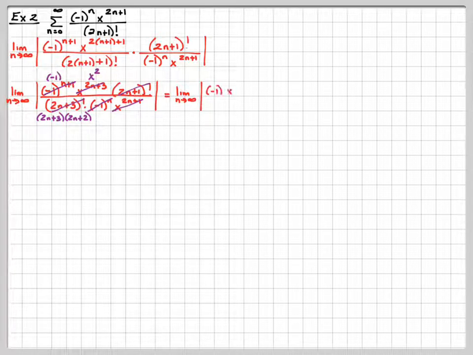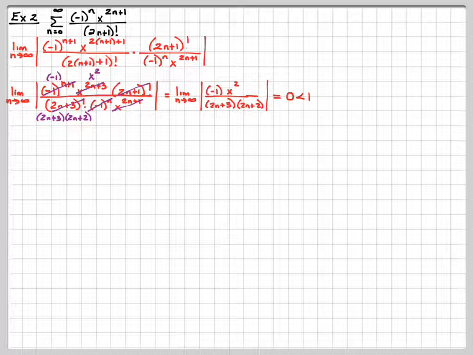Limit as n goes to infinity of negative 1 x squared over 2n plus 3 times 2n plus 2. This is always going to be 0, which is always less than 1, because the degree of the n's in the denominator is bigger than the degree of the n's in the numerator.